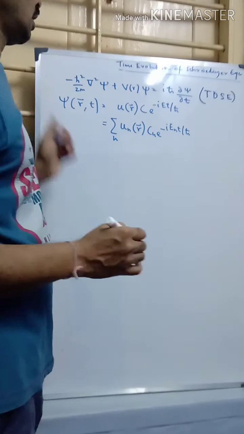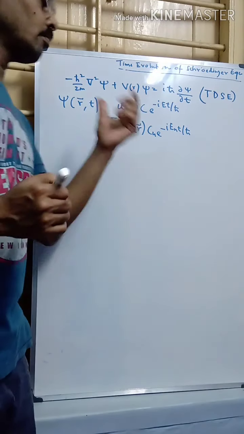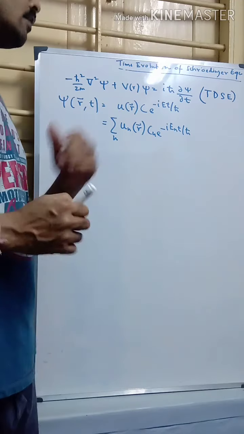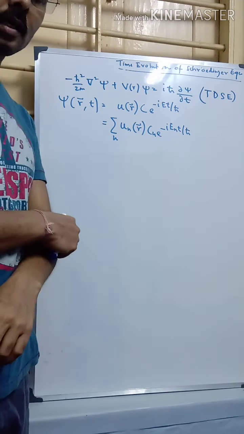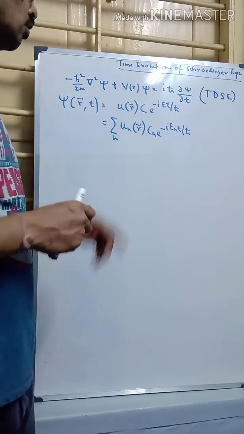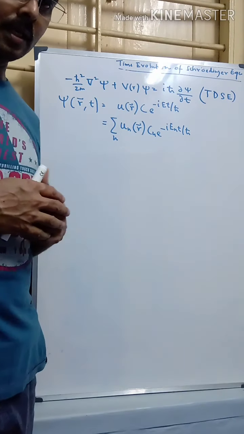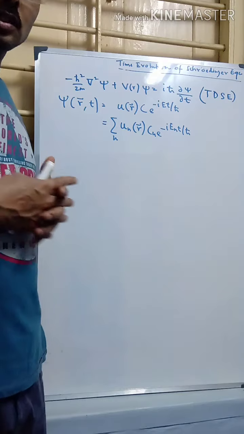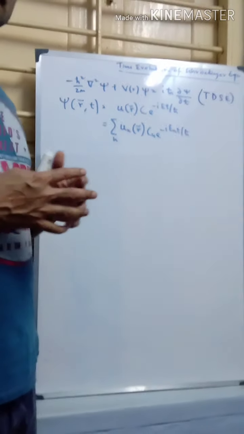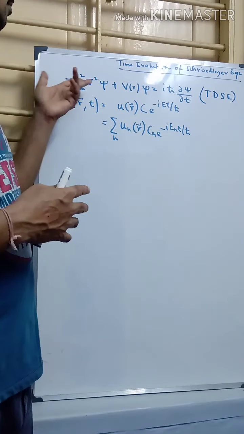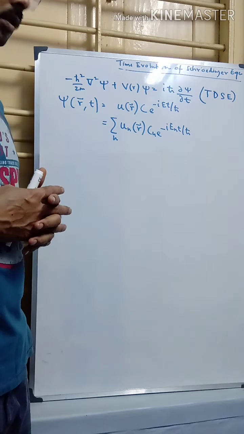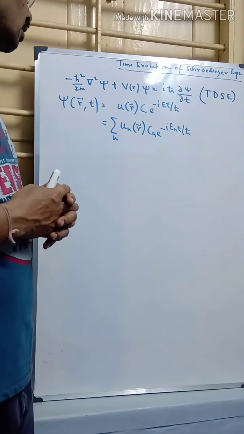Any linear combination of different functions would be another possible solution to the second order linear differential equation, which is a property of the second order linear differential equation, which is the time dependent Schrodinger equation.